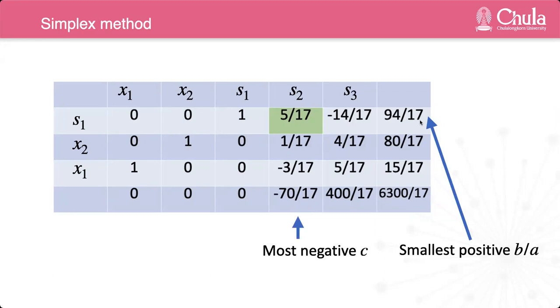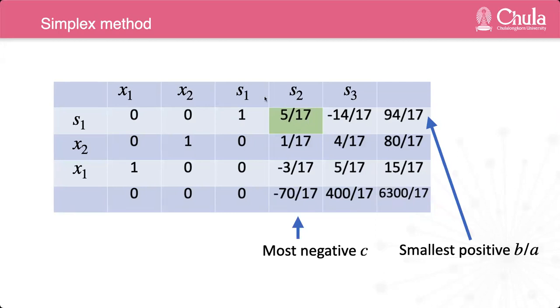So for the next round, we introduce S2 to be our basic variable, and we remove S1 from the set of basic variables. Okay? We use the same technique.